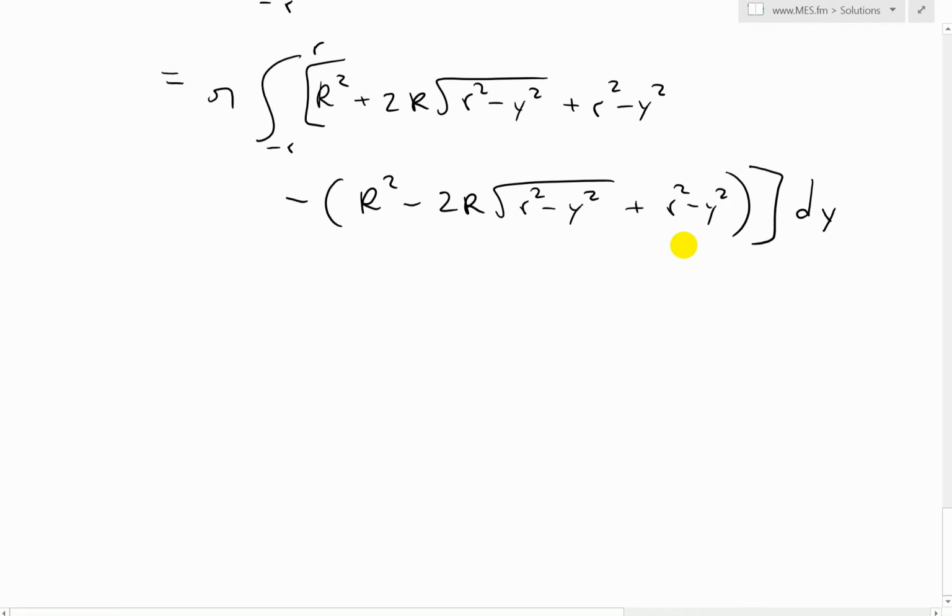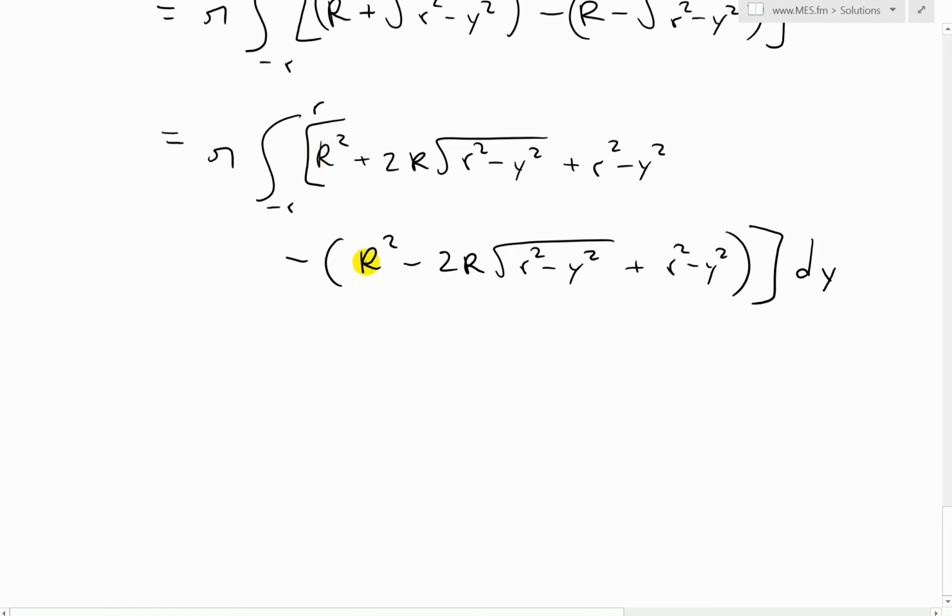Now when we look at subtracting, r squared subtracted by r squared just cancels. The 2r square root r squared minus y squared minus a negative is going to be positive, so these are the exact same and add up. And r squared minus y squared subtracted by r squared minus y squared cancels.